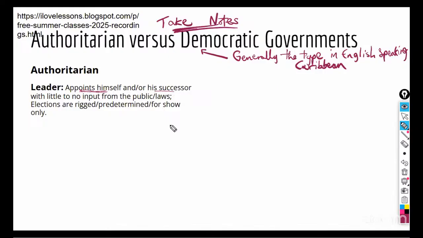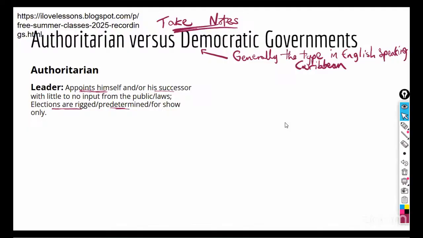They say, after I'm gone, this is who will lead you, right? It doesn't matter what the law says. It doesn't matter what people want. In an authoritarian government, the leader appoints himself, right? If there is an election, the election is rigged, meaning that the outcome is predetermined. They already know who is going to win. Okay? So if y'all are reading news around election time in some countries, you might hear that.